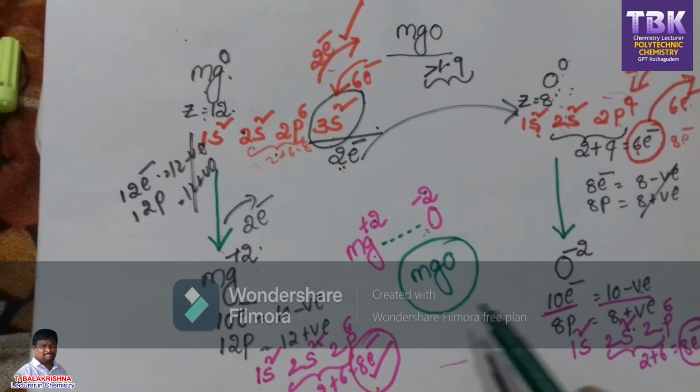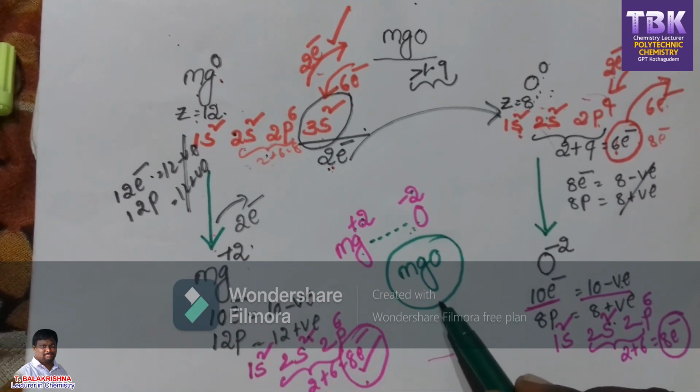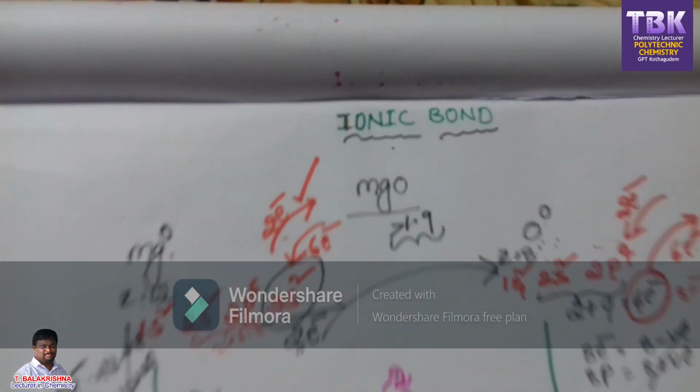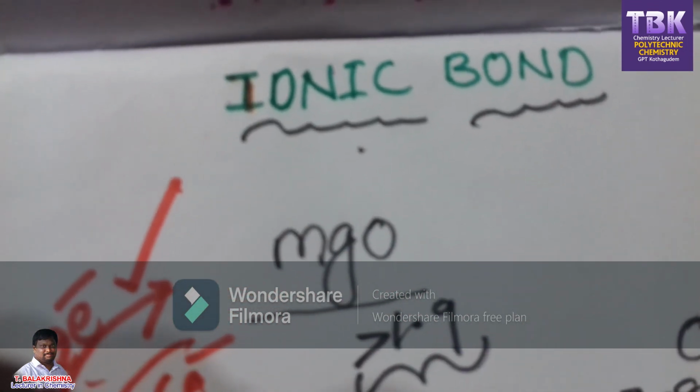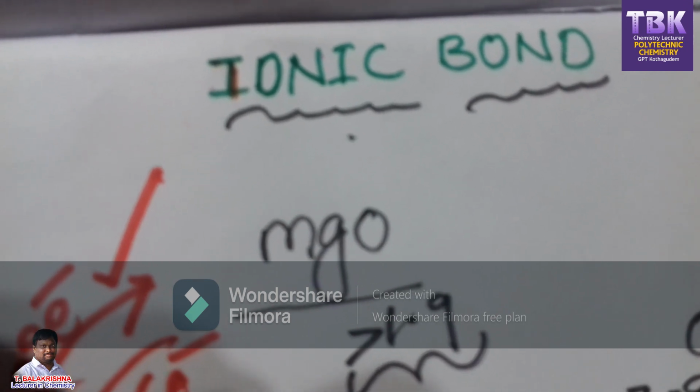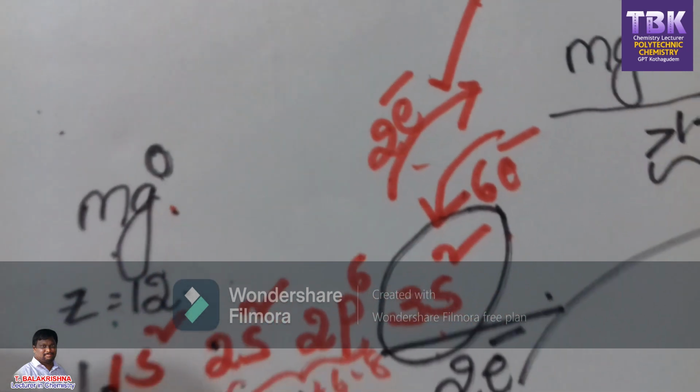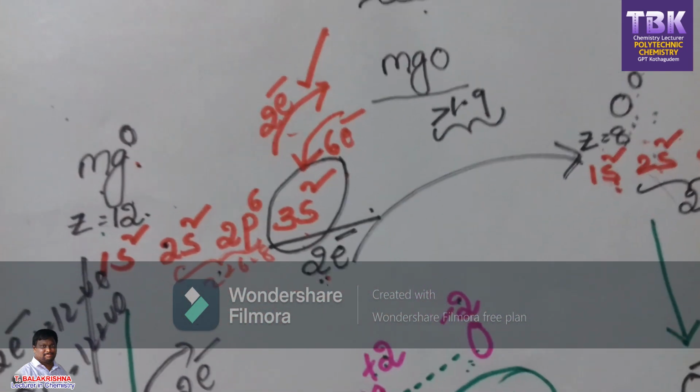Okay, right? What are the steps involved in the formation of magnesium oxide? Magnesium oxide is formed by ionic bond. What are the conditions for the formation of ionic bond? One should be a metal, another one should be a non-metal.